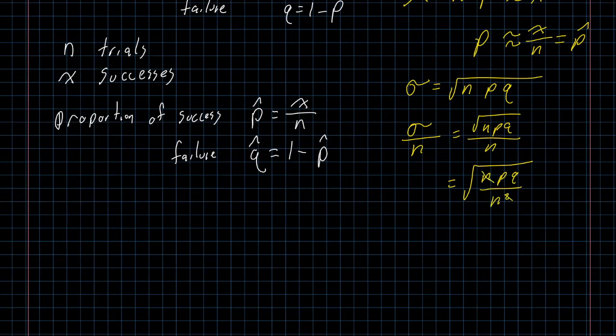And some of those N's cancel out. We get that the standard deviation for P hat should be something on the order of PQ over N, all underneath the square root.